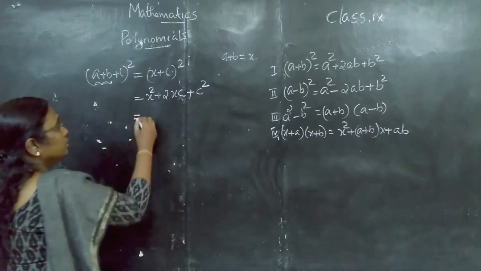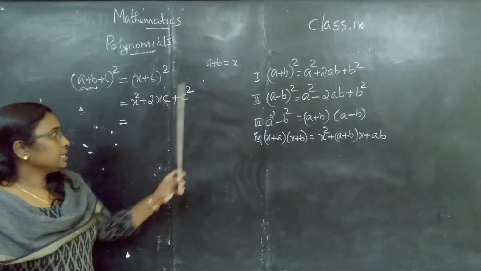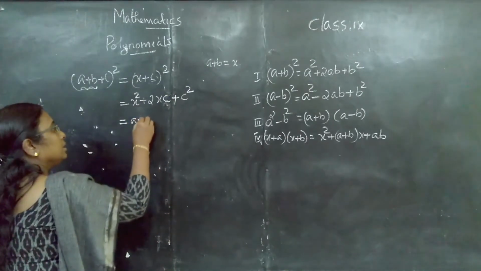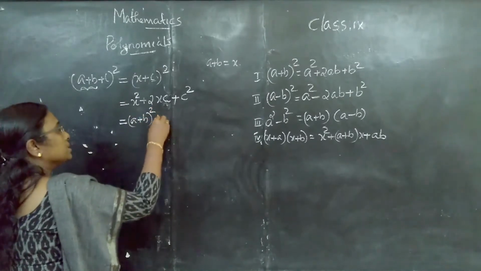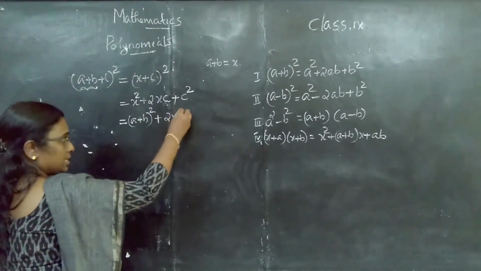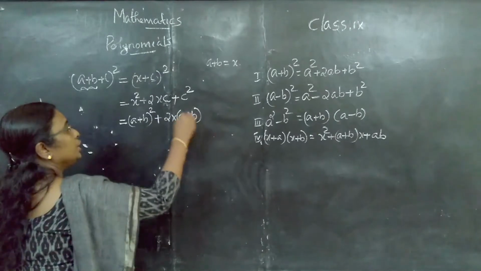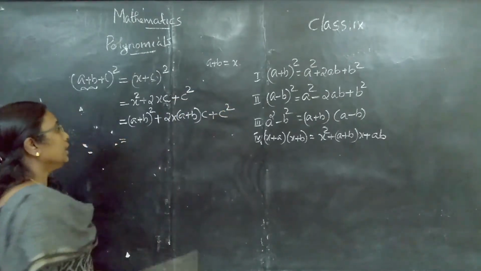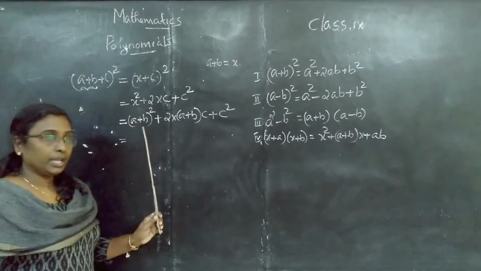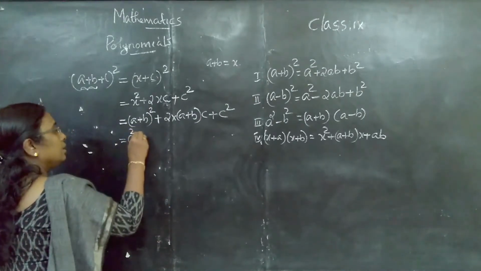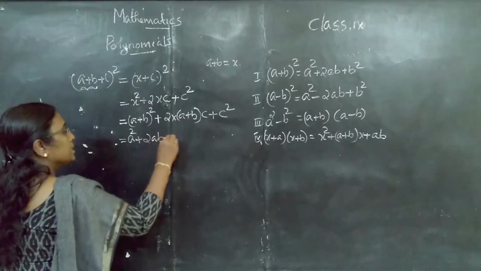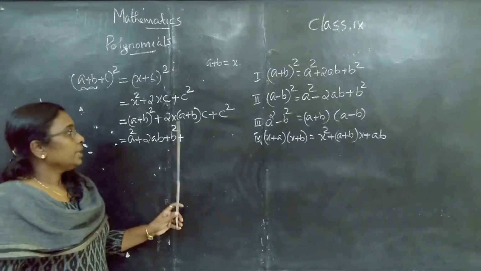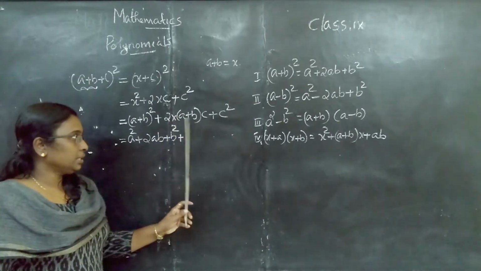Equal to, here x is a plus b. So, (a plus b) the whole square plus 2 into (a plus b) into c plus c square equal to, again (a plus b) the whole square, a square plus 2ab plus b square, plus we have to multiply (a plus b) with 2c.